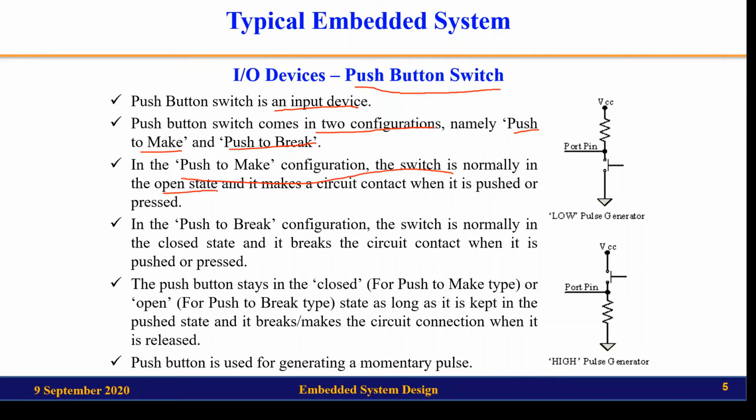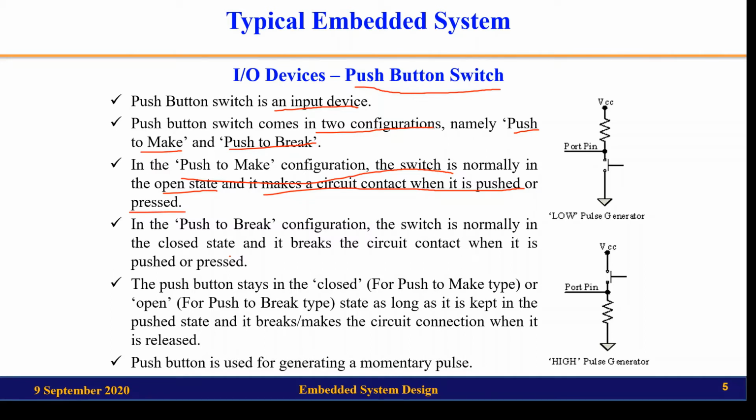And next, push to break is just the opposite of push to make, where the switch is normally in the closed state itself, but it breaks the circuit, or opens the circuit, whenever it is pushed or pressed.